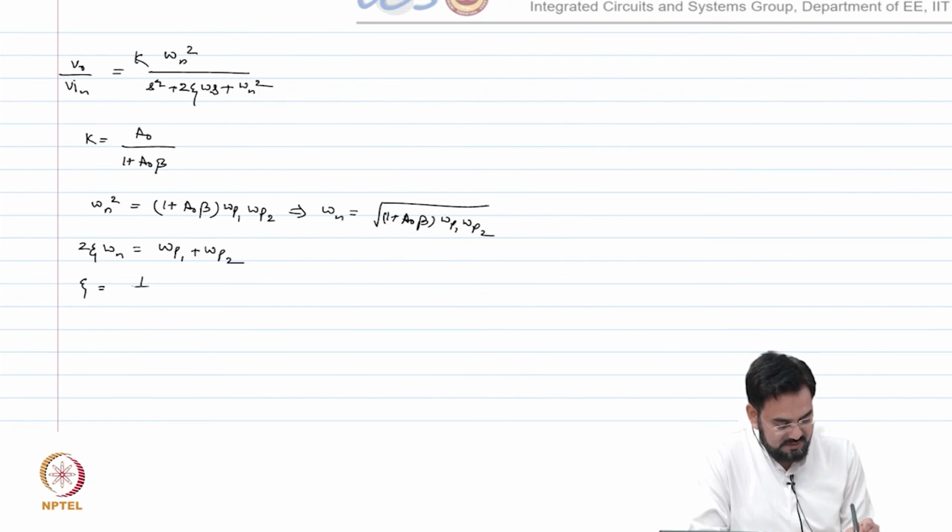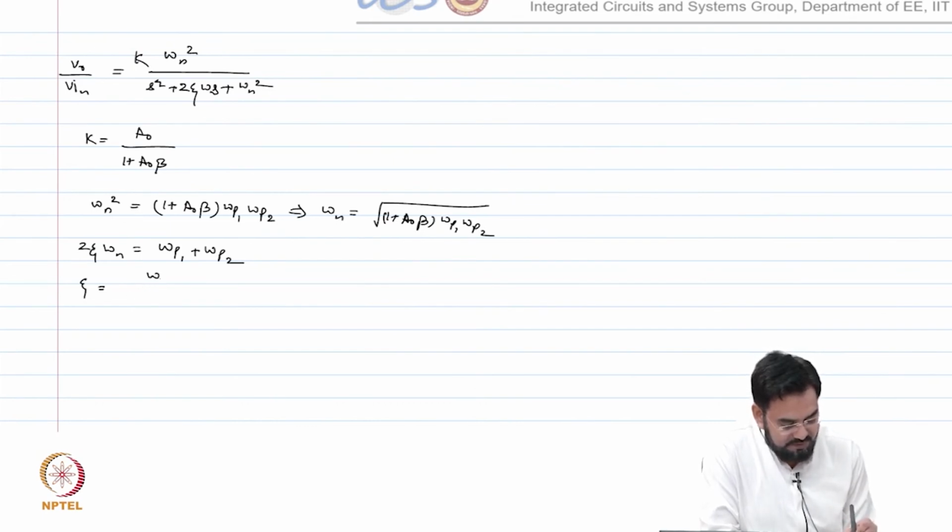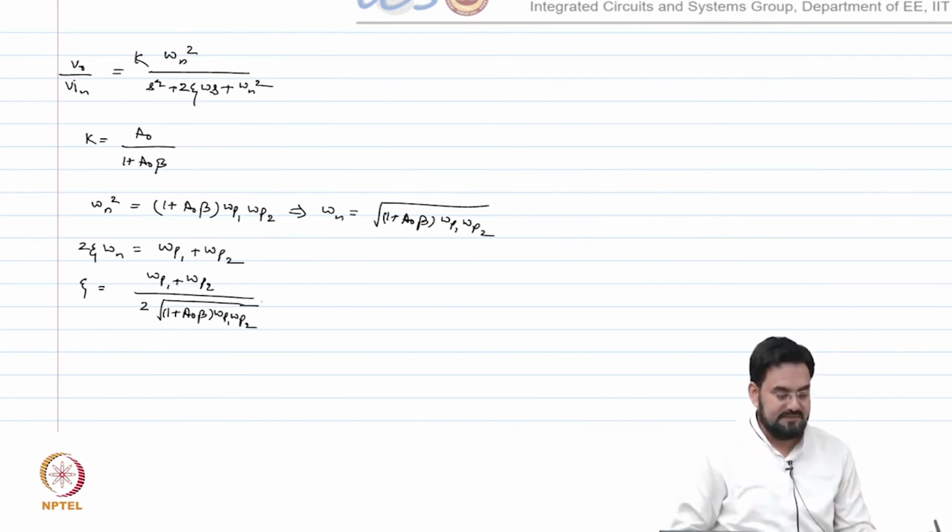Zeta is half of 1 over omega n, times omega p1 plus omega p2 divided by 1 plus A naught beta. Okay.